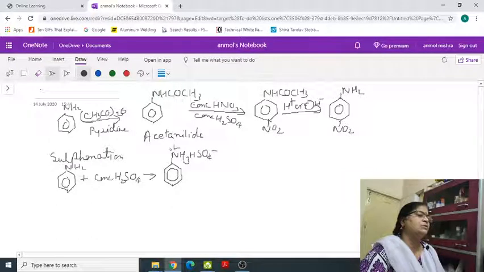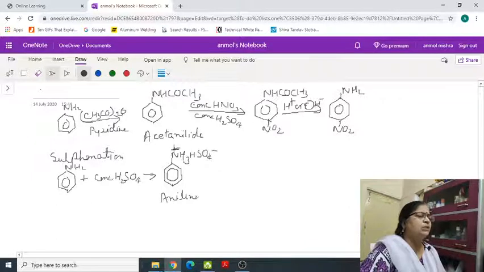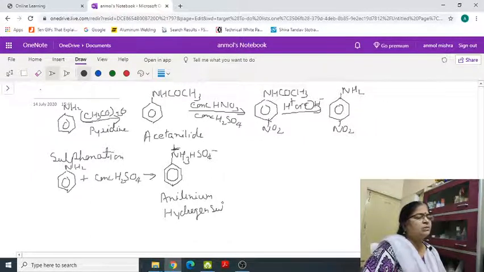It is called anilinium hydrogen sulfate.